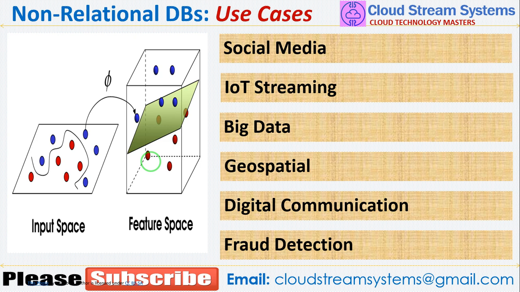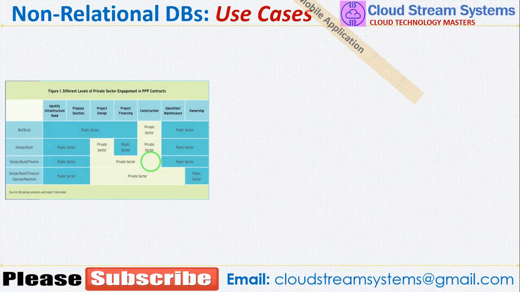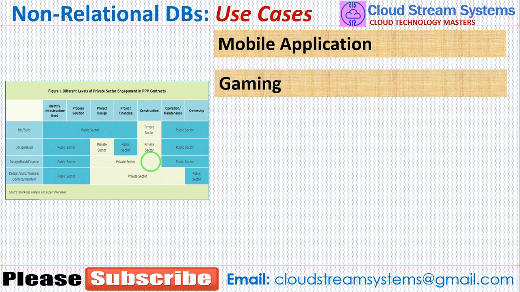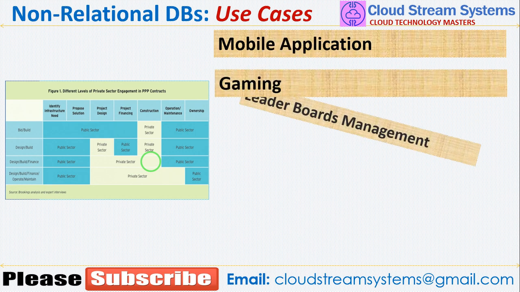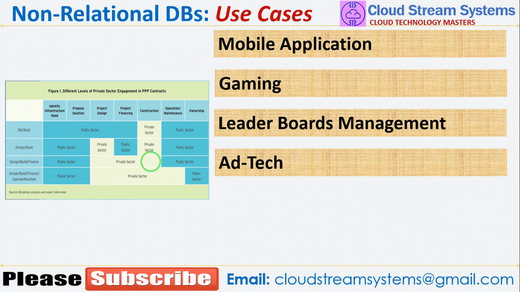If you remember the graph database Neo4j, that database was especially designed with fraud detection in mind, along with mobile applications, and gaming I mentioned already, leaderboards. In gaming you will maintain leaderboards, right? That is where NoSQL databases are used.